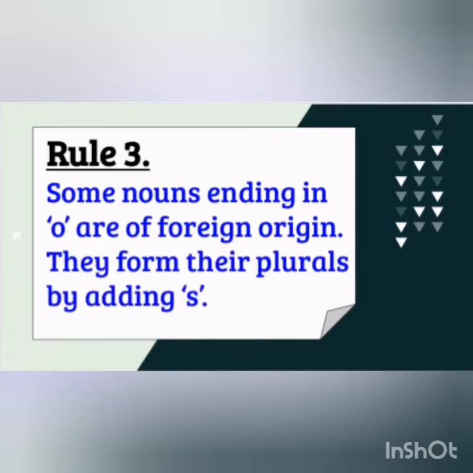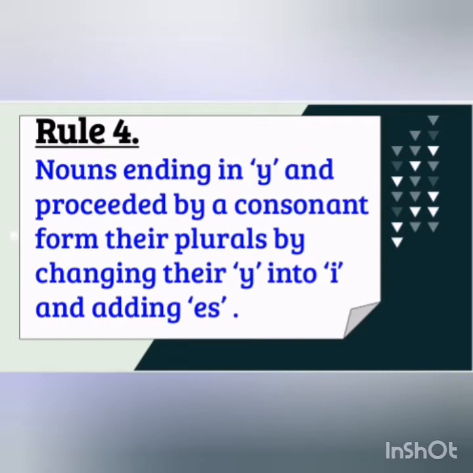Understood? Now coming to the fourth rule: nouns ending in y and preceded by a consonant form their plurals by changing y into i and adding es. Whenever a word is ending with y, and just before it there is a consonant.